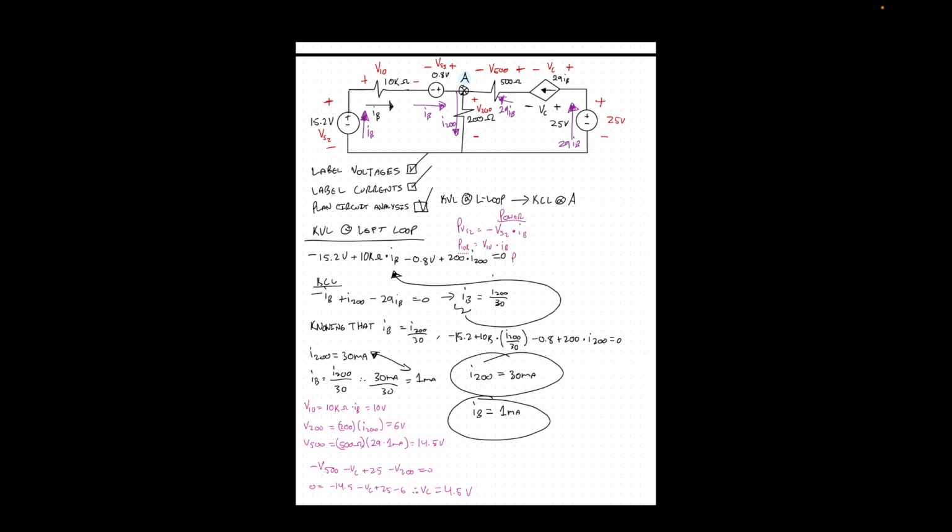Then I'm going to have power through my voltage source 3. My power through the voltage source 3 will be a negative VI. Therefore, I'm going to have negative VS3 times IB, which is the proper way to label it for that one. My P200, and I'm running out of room, P200 will equal V200 multiplied by I200.